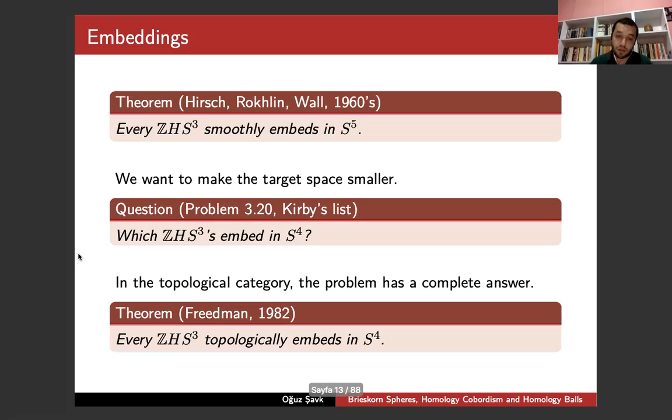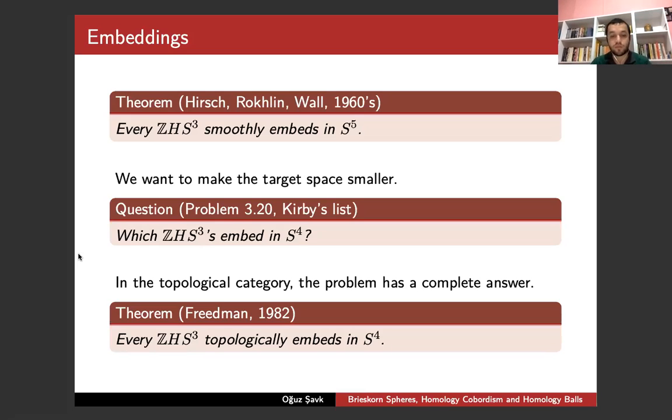Again, Freedman gives the complete answer, and he proved that every integral homology sphere topologically embeds in S4. Actually, Freedman classified closed simply connected manifolds in the topological category. So his result even implies the Poincare conjecture in dimension 4.